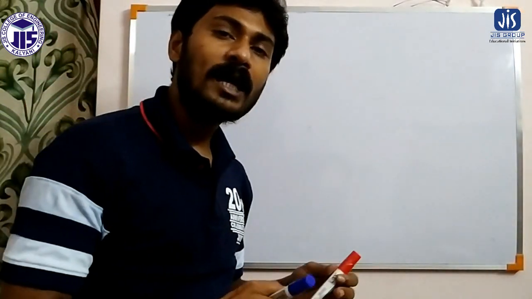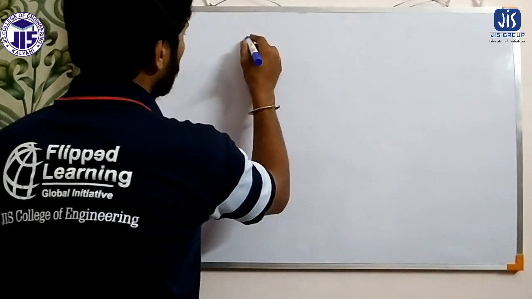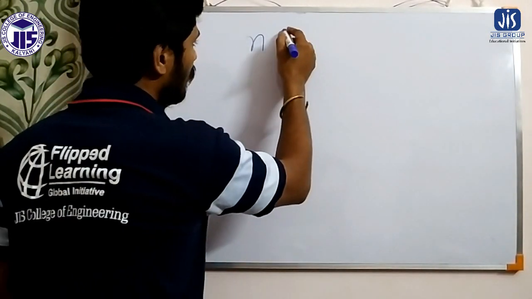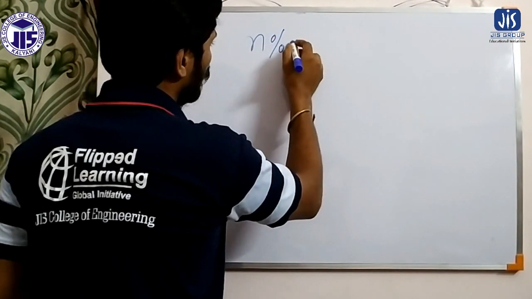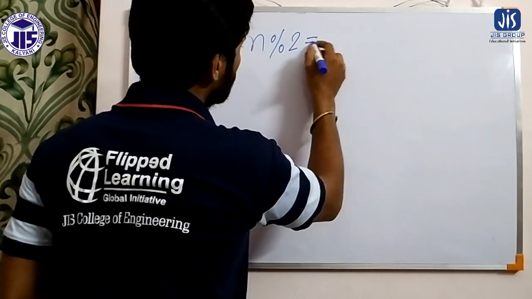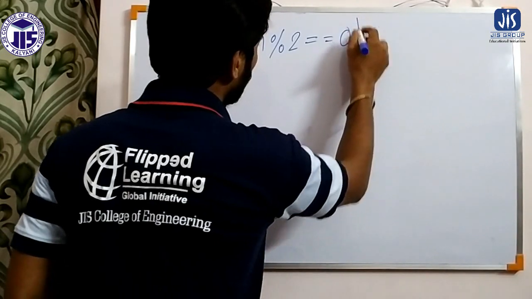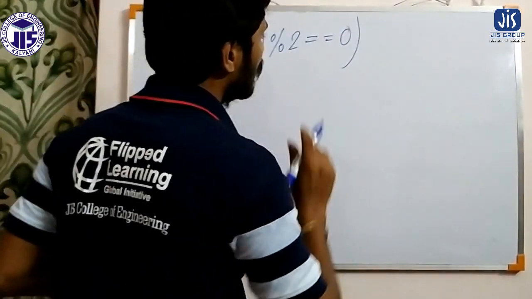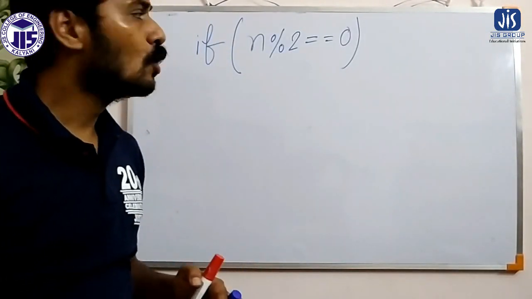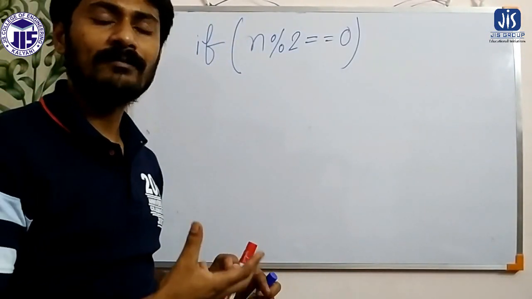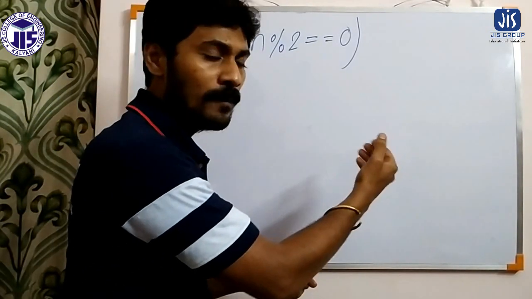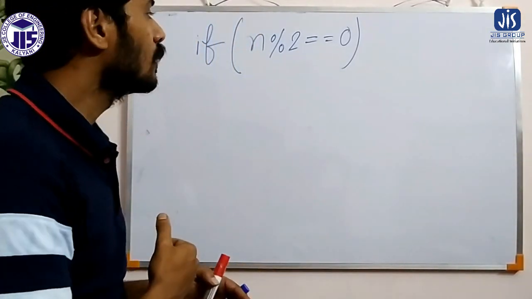The condition we used there: we assumed n as the variable, and we wrote n mod 2 is equal to 0 or not. Within the if we wrote this condition, and depending on it we decided which statement is going to be executed, either the statement of even or the statement of odd.